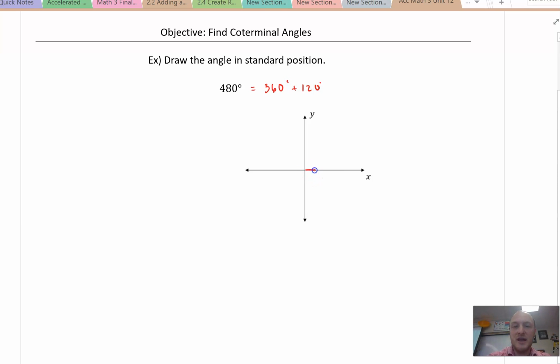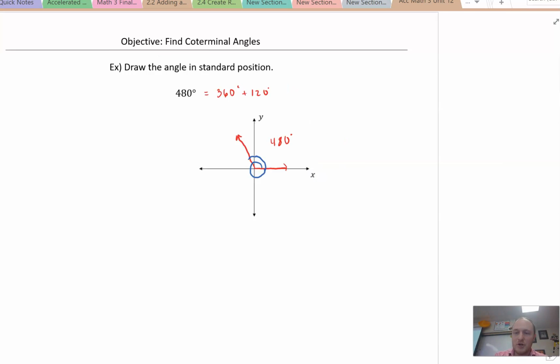So I know that for this angle, I have to go around once. So here's 360 degrees, and then I have to keep going 120. So there's 90 plus another 30. So right here is my 480 degree angle. Okay, so pretty simple.